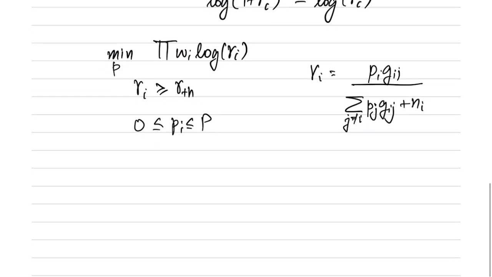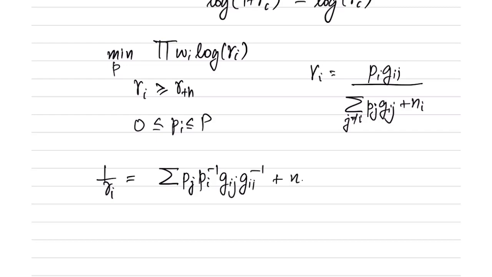We can see this quickly by observing that 1 by gamma i is basically the sum over j of Pj Pi inverse Gij Gii inverse plus Ni times Pi inverse Gii inverse, which is a polynomial because Gij, Gii are all positive. So it's a polynomial in P. This suggests that 1 by gamma i is a polynomial.